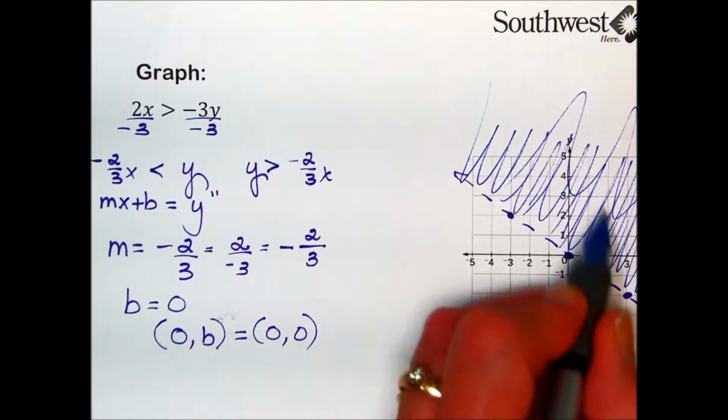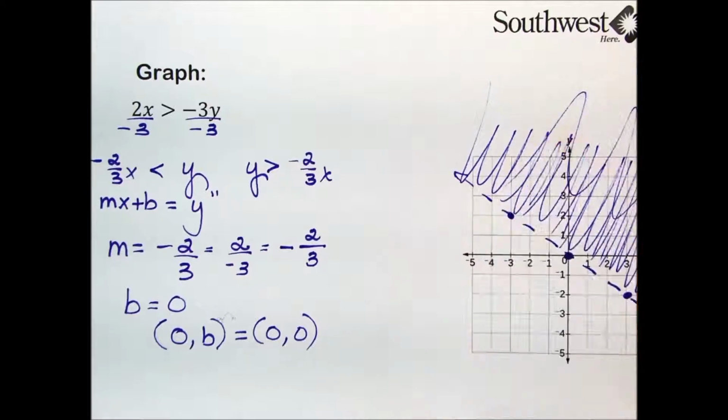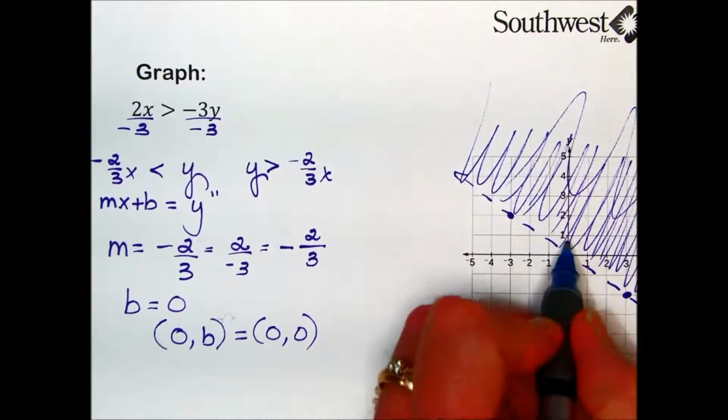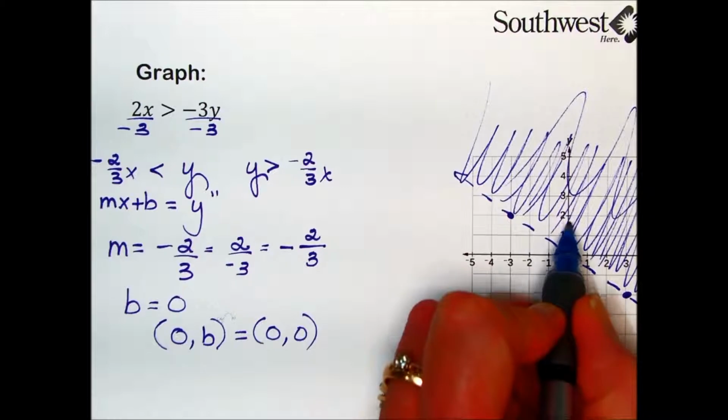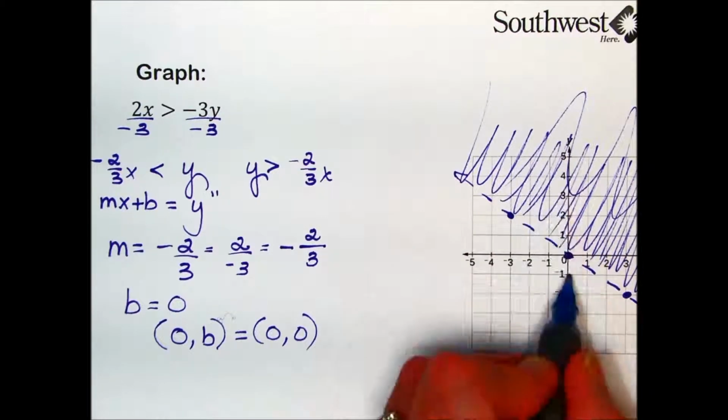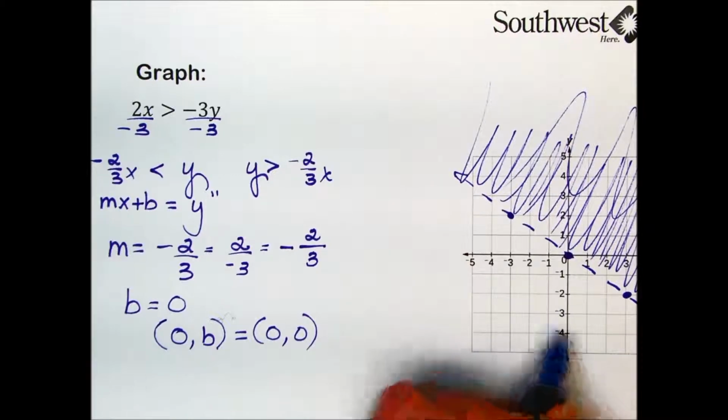And again, you could pick any test value on this upper half of this plane for a solution and see that it does work for this value. I'm shading above because the y values in every one of these points are larger above than here. The y values are getting smaller.